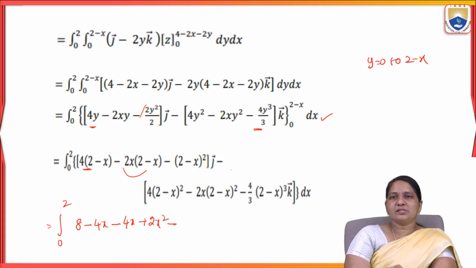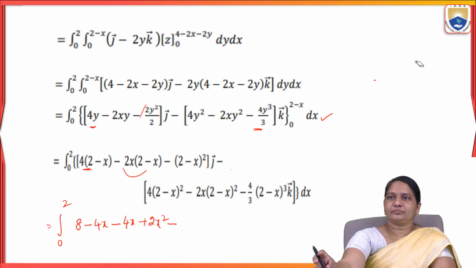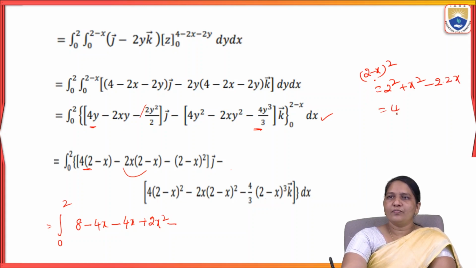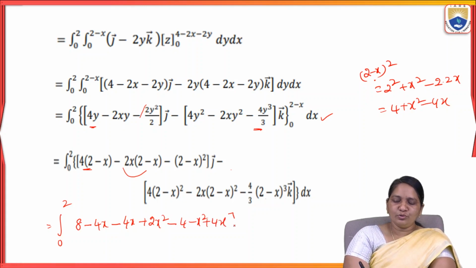After that minus 2 minus x whole square is 2 square plus x square minus 2ab. So that means 4 plus x square minus 4x. So here we can write with the minus, so minus 4 minus x square plus 4x into j bar.